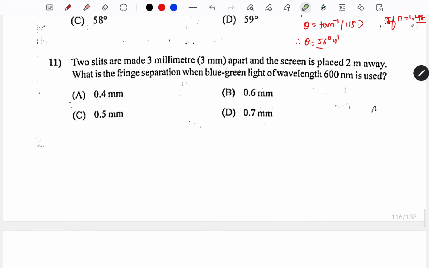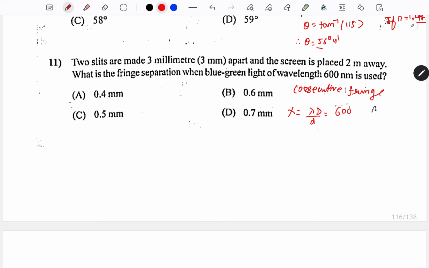Next question. Two slits are made 3 mm apart and the screen is placed 2 meters away. What is the fringe separation when blue-green light of wavelength 600 nanometer is used? Okay, so for light of 600 nanometer, we know that the distance between two consecutive fringes, x, is equal to lambda D by d.